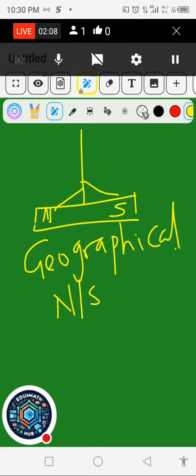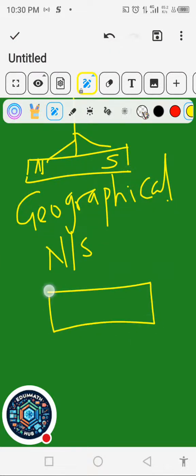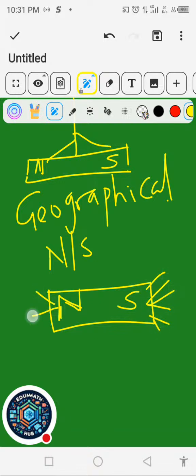Very, very important. Then another thing you want to take note of is that the ends of a magnet have two poles, and the strength of a magnet is concentrated at the poles. They might ask you, where is the strength of a magnet concentrated? It is always at the poles, not at the sides of the magnet, but at the ends.